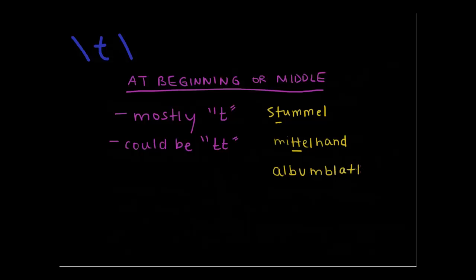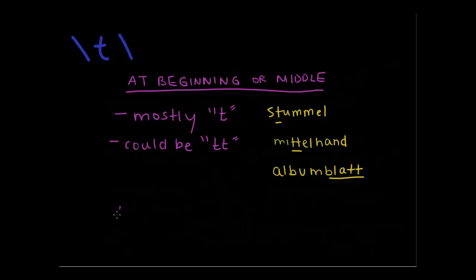Here it happens at the end, and I know this says beginning or middle, but it's rarely going to be TT at the end. Not common at all, but here's an example. And Blatt means leaf. So if you know that, you know it's going to be a double T. Okay? So in the beginning or middle, T or TT, and we've sort of talked about how to figure out which one it is.